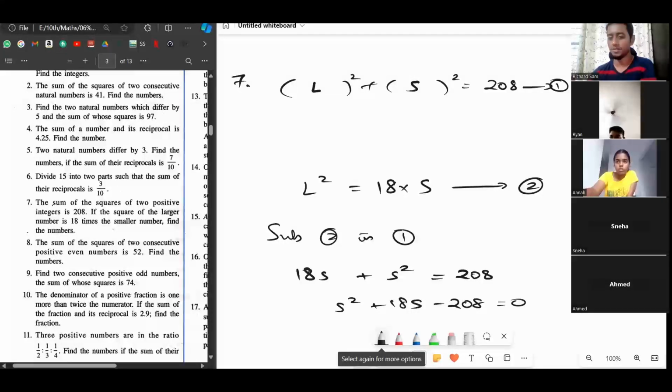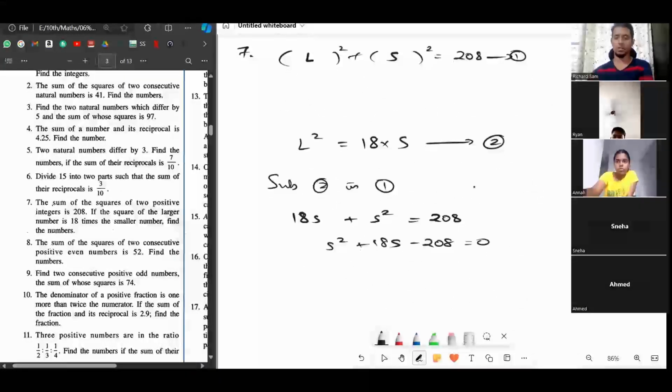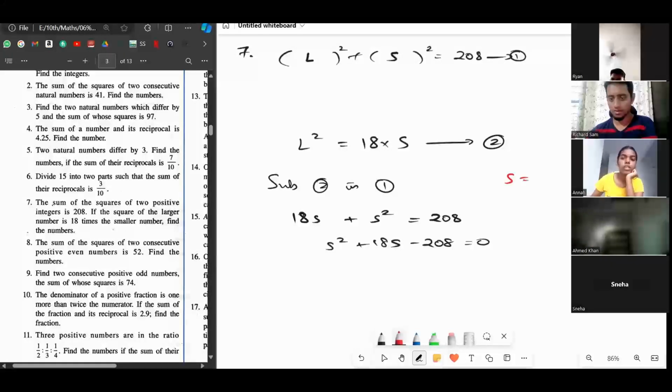Is that clear, everyone? Okay, help me solve this. What is the sum and product? 26 and 8. Okay, you got the two numbers. So the sum is 18 and the product is minus 208.